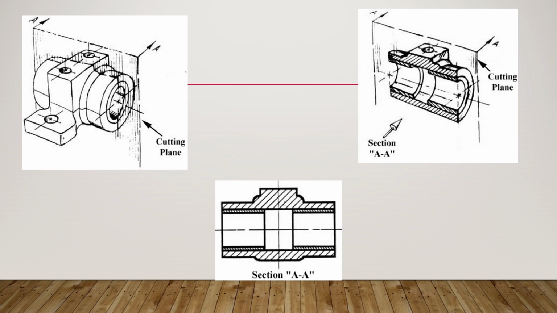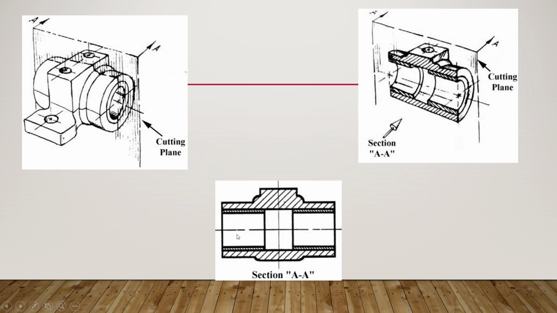So this can be made easy by cutting the component using a cutting plane, removing the part between the observer and the cutting plane, and drawing the orthographic projections only of the remaining half, so that all the hidden edges now become visible.